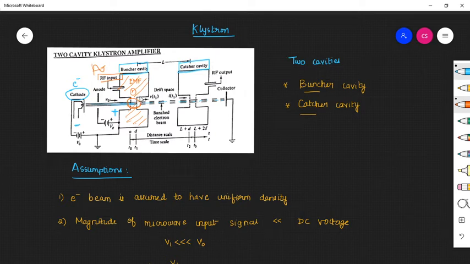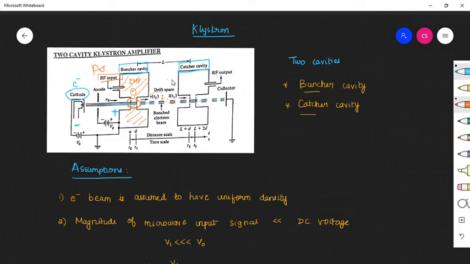Because of this, certain electrons are accelerated, certain electrons are decelerated, and certain electrons move at the same speed. So the electrons start moving through the drift space, and certain electrons move slower, certain electrons move very fast, so they join the slow electrons, and certain electrons move at the same speed.